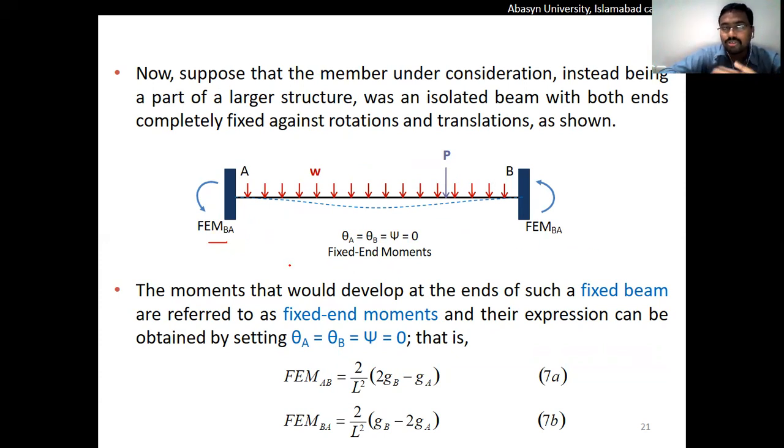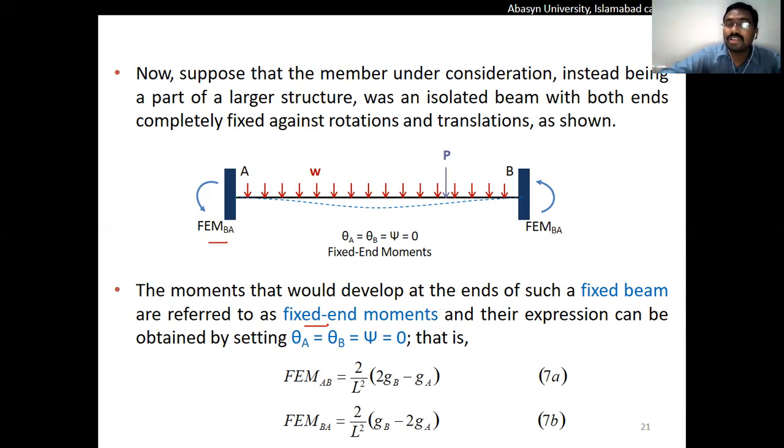The moments that develop at the ends of such a fixed beam are referred to as the fixed end moments. That's why they are called fixed end moments, because these are the moments that are generated in the beams when both ends are fixed.